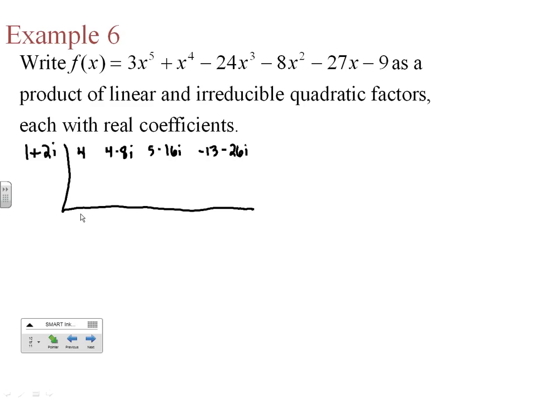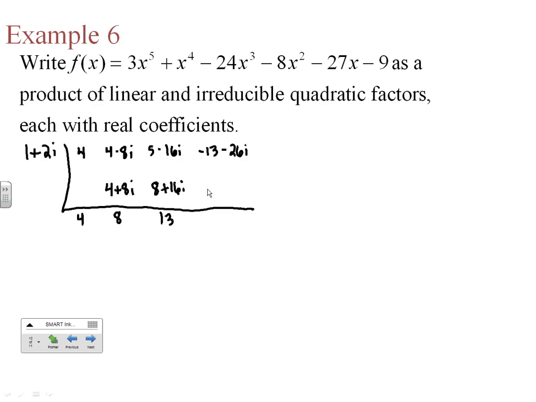Okay, so synthetic division, drop the 4, distribute, so that's 4 plus 8i. If I add these, I'm adding like terms, which gets rid of the i's and becomes 8. If I distribute that, that's 8 plus 16i. These i's cancel out and I get 13.